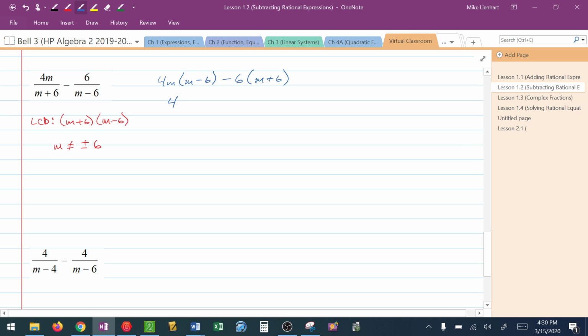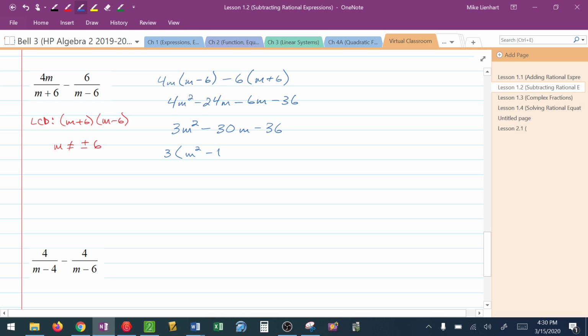All right, so this simplifies to 4m squared minus 24m minus 6m minus 36. Combine like terms, I get 4m squared minus 30m minus 36. I recognize I have a GCF. I'm going to take care of that first.